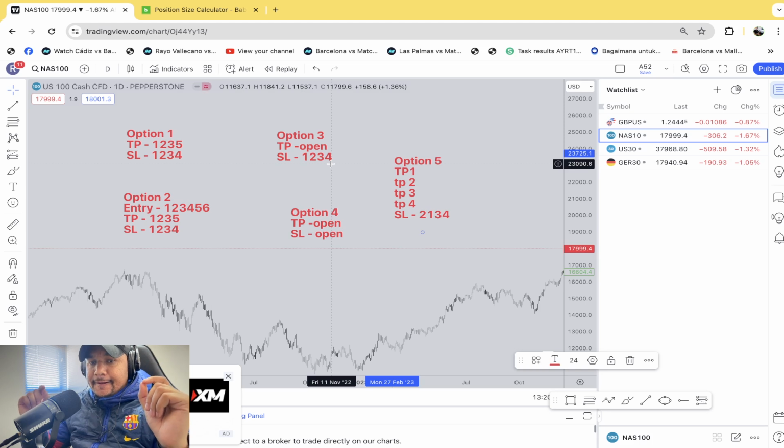So if TP1 hits, the TP1 would fall away. I'll then put the stops at BE for TP2, TP3, TP4. This is where things get a little bit tricky.